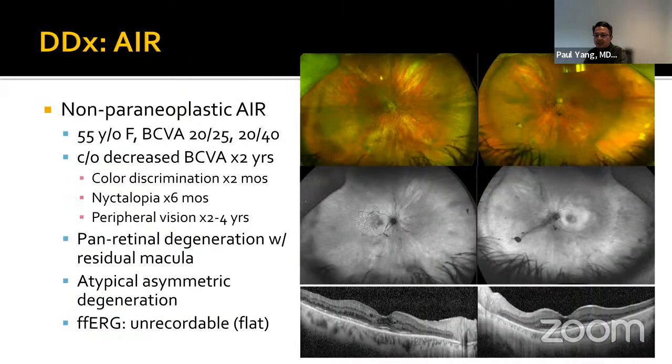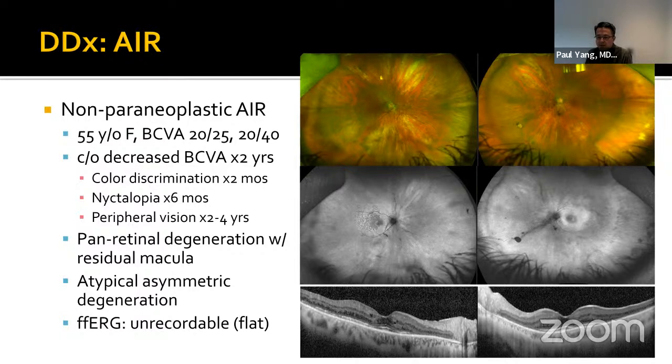So let me show you a case of non-paraneoplastic autoimmune retinopathy. This is a 55-year-old with decreased vision for 2 years. You can see here on autofluorescence and OCT, there's this pan-retinal degeneration with residual macular areas.